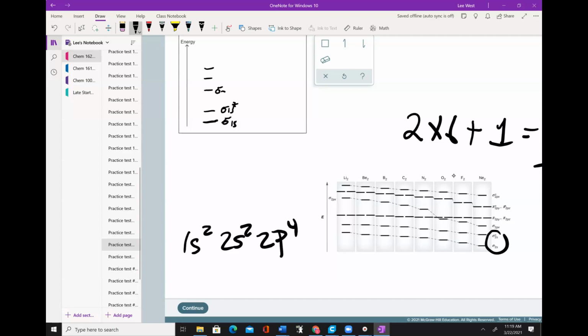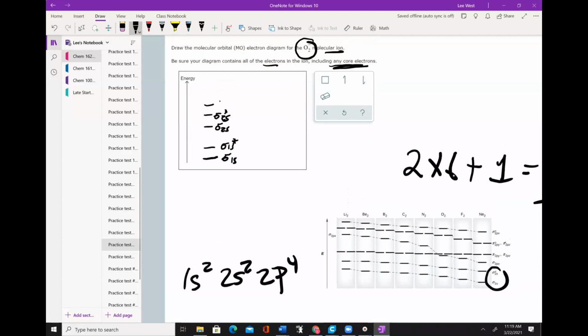Sigma 2s, sigma 2s antibonding, and then we've got sigma 2p, and then we've got pi 2p, pi star 2p, and sigma star 2p.